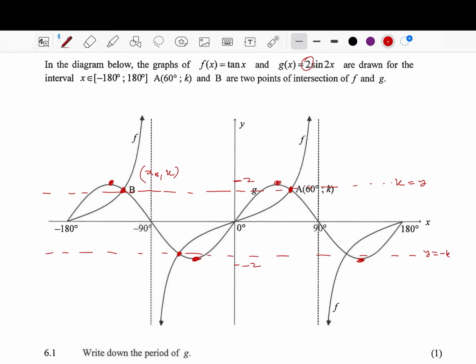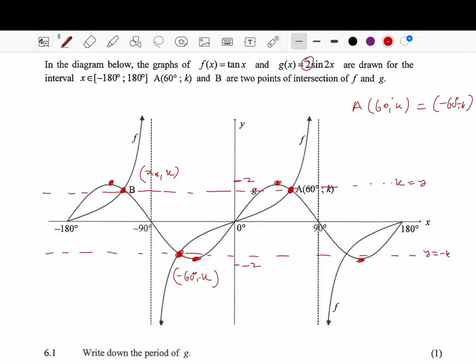So this is negative 60 as well, and k is negative in this case, negative k. Why? Because this point here is opposite that point. So if A is 60 and k, that point there that we don't know is going to be negative 60 and negative k.